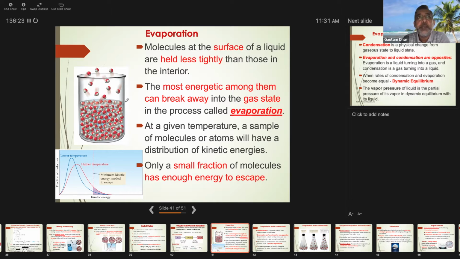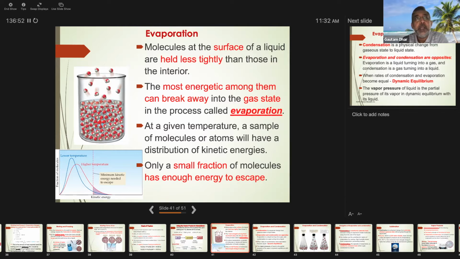So if you look at this beaker of water here, the water molecules are attracted by all of the molecules around it. So if you just look at one of them, but if you look at the surface, only water molecules that are below it are attracting.